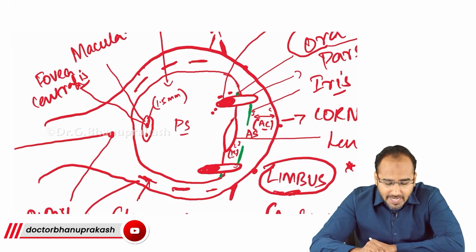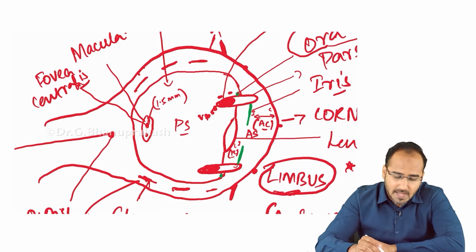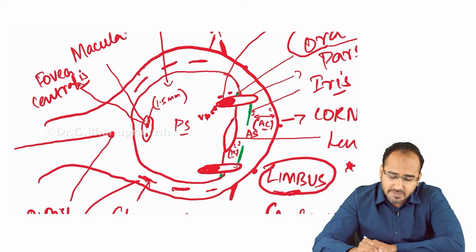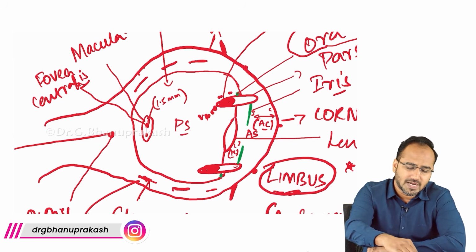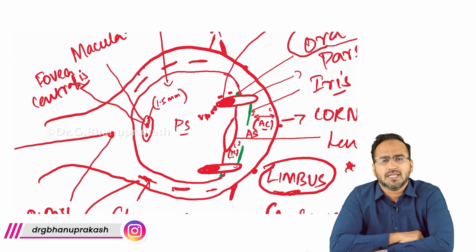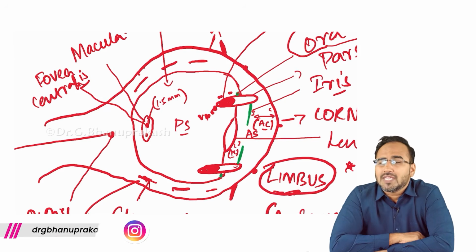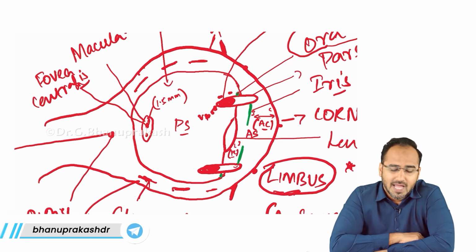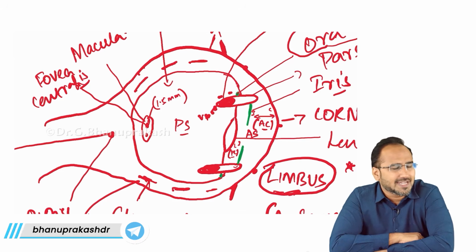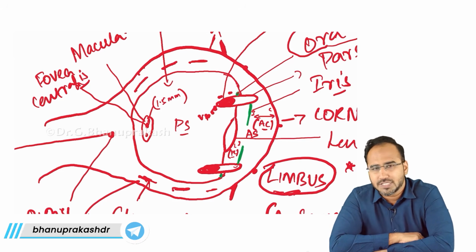Pars plana helps in the formation of vitreous humor, whereas pars plicata helps in the formation of aqueous humor. Now guys, you must be wondering, what are aqueous humor and vitreous humor? That is the fluid component of the eye. The eye has a fluid component, yes or no? Aqueous humor is formed by pars plicata, whereas pars plana forms the vitreous humor.